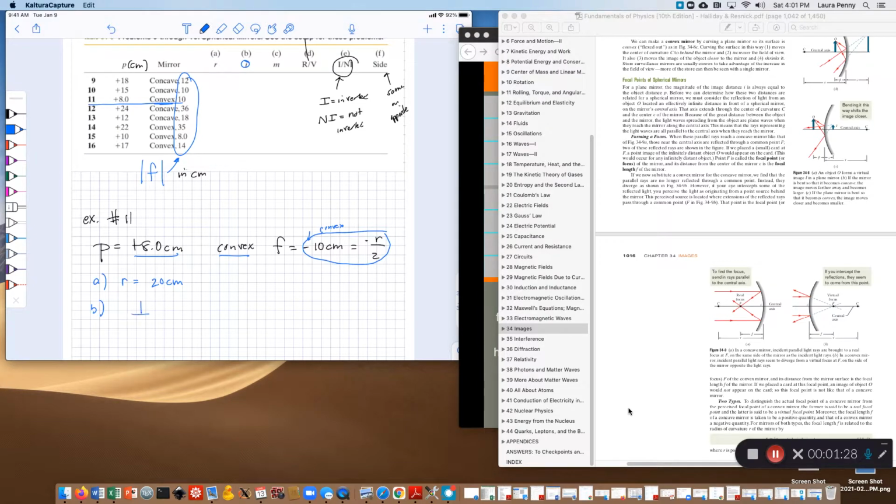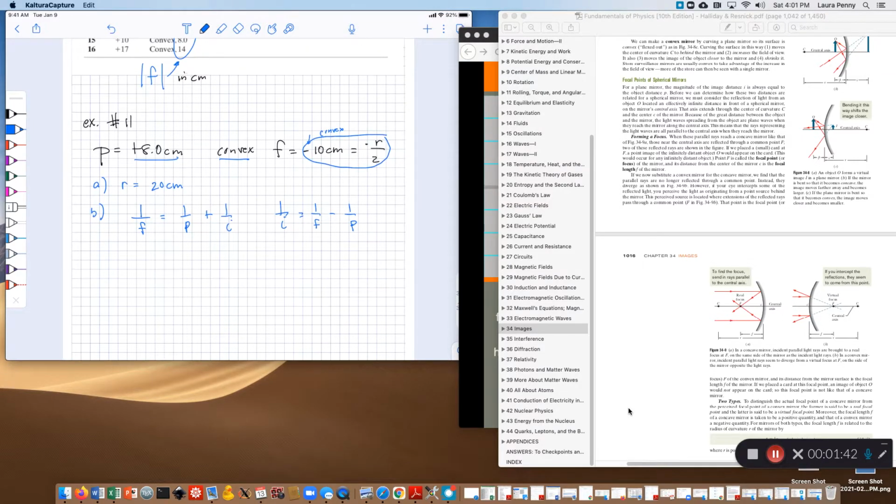So then I'll use my mirror equation to determine the image. 1 over the image distance is 1 over the focal length minus 1 over the object distance. So 1 over the image distance is equal to 1 over negative 10 centimeters.